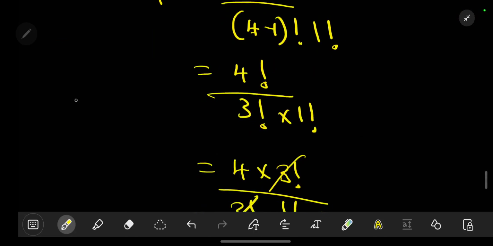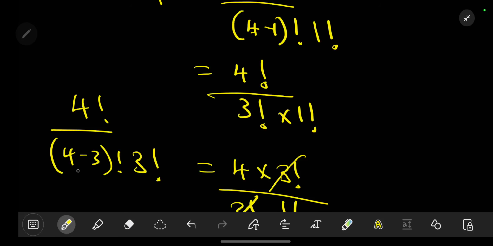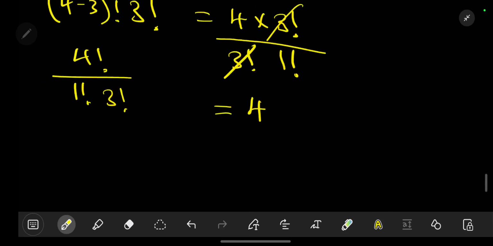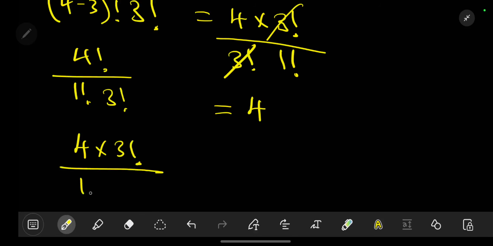You can prove it by saying 4 combination 3. It will be 4 factorial over 4 minus 3 factorial, 3 factorial, which will give us 4 factorial over 4 minus 3 is 1 factorial, 3 factorial like that. So we have our 4 times our 3 factorial over our 1 factorial times our 3 factorial.